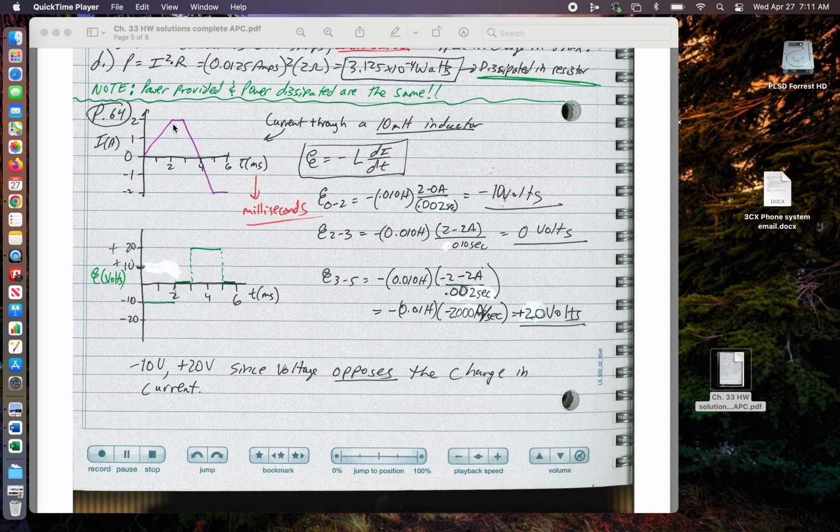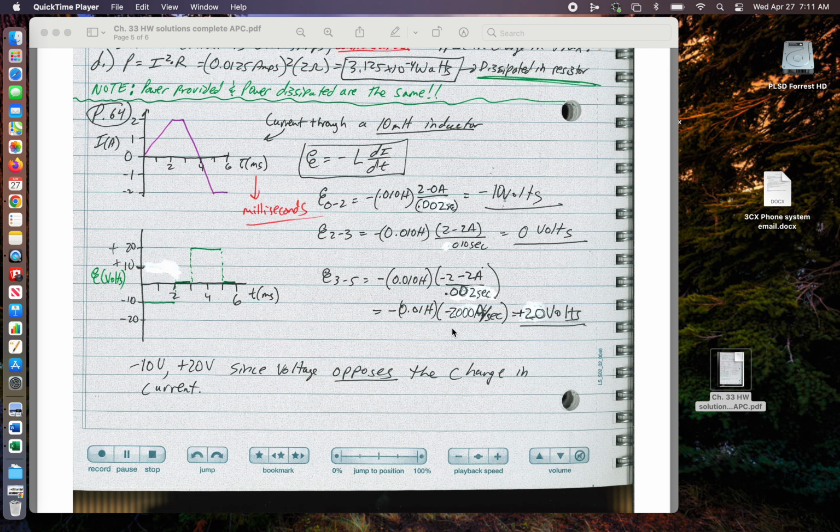So if the current is increasing, that means that the EMF is going to be negative because it is opposing that increase. So that's your formula for an inductor we talked about in class. From 0 to 2 seconds, I look at the slope of this, so that's di/dt.